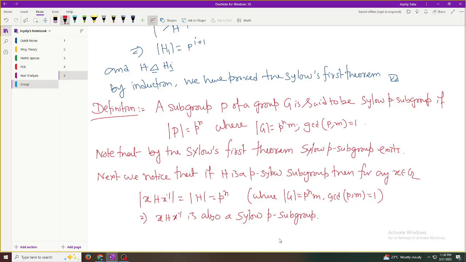So if H is a Sylow p-subgroup, then its conjugates are also Sylow p-subgroups.